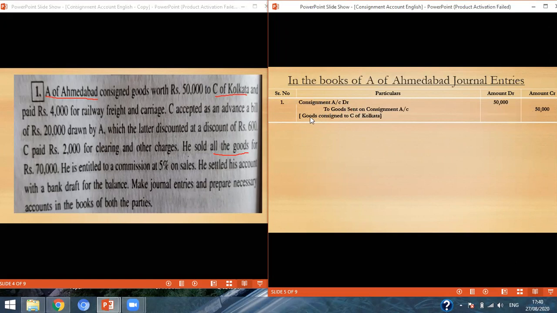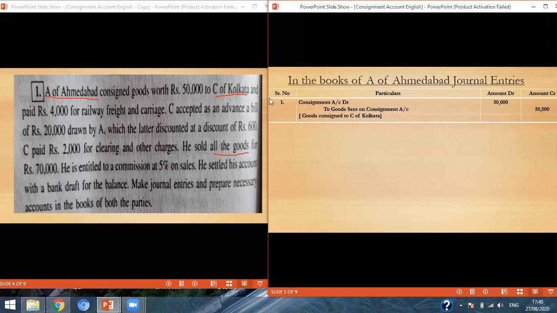We have to mention the narration that goods consigned to C of Kolkata. So first entry we have done on A of Ahmedabad's consignment to C of Kolkata. What entry we made? Consignment account debit to goods sent on consignment account.